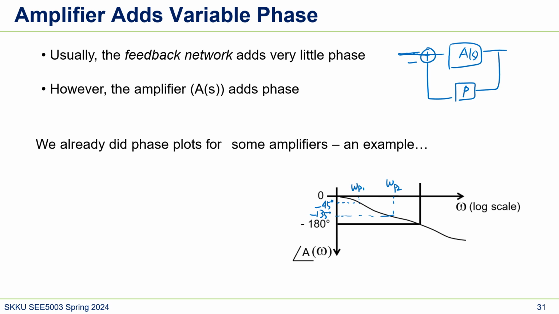So if you have a pole, then phase will go down, which means a pole makes a delay, because a pole is RC, an RC constant, which is delay, right? So the amplifier makes this kind of phase delay, and it corresponds to time delay.